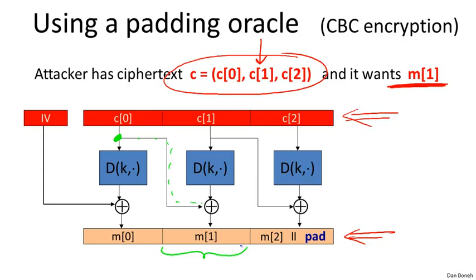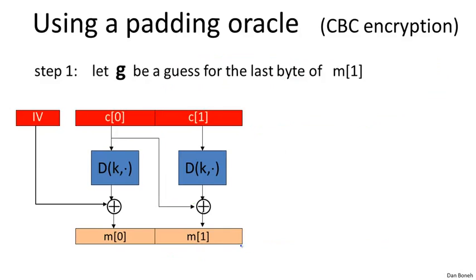Here's what he's going to do. First of all, he's going to throw away C2 so that the last block is just C1, which is the one he's interested in decrypting. Now let's suppose that he has a certain guess G for the last byte of M1. G is a value between 0 and 255.